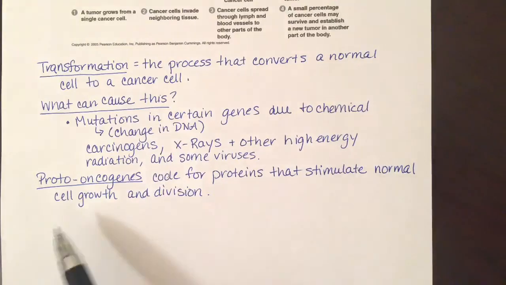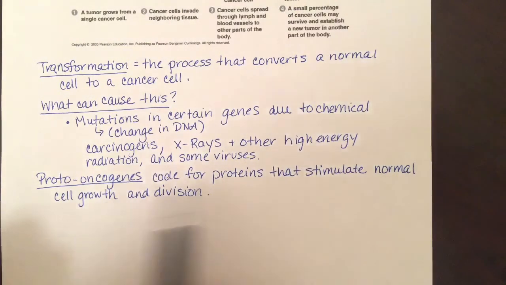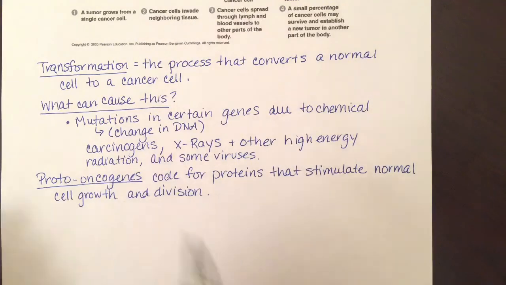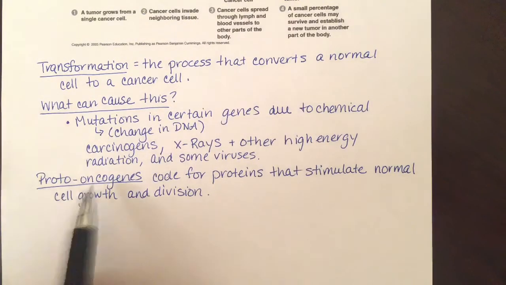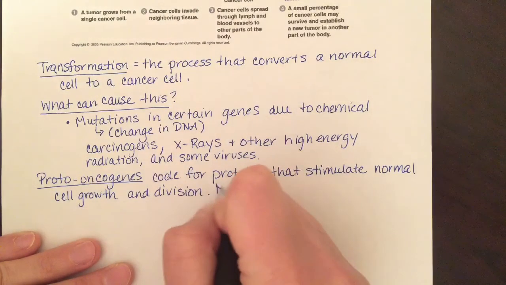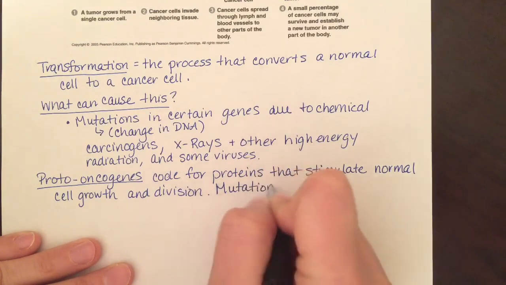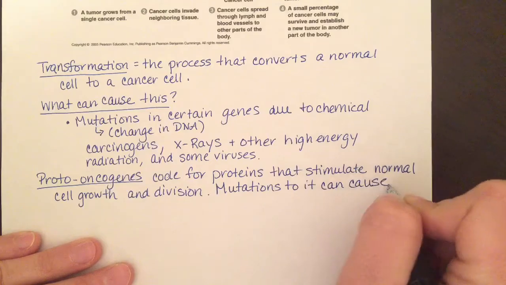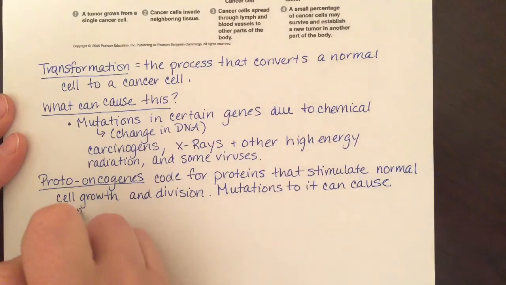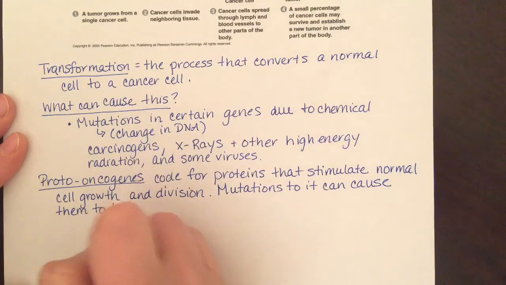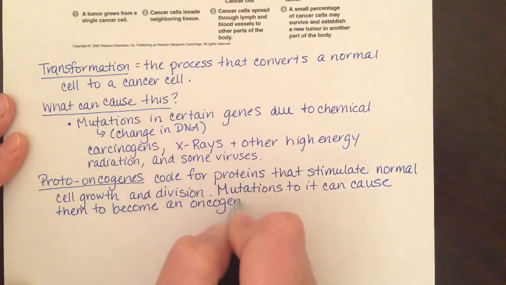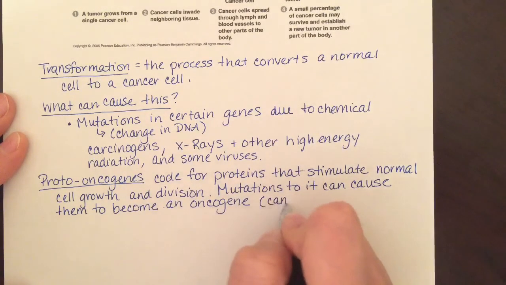So can you see that if this type of gene was mutated, it wouldn't stimulate normal cell growth and division, and actually can lead to cancer if one of these genes is mutated. So mutations to it can cause them to become an oncogene. This is a cancer-causing gene.